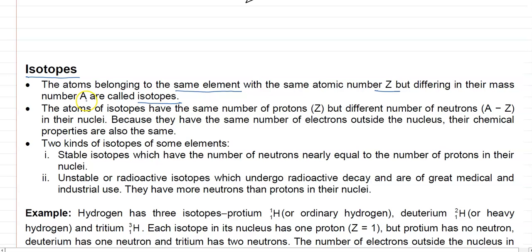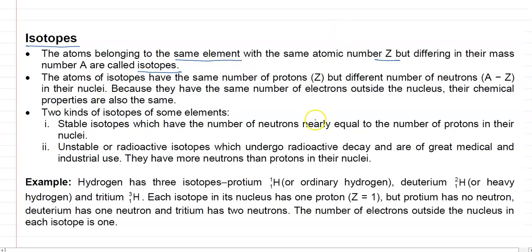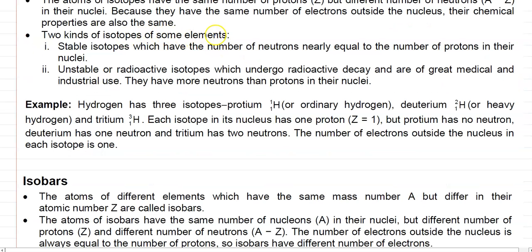Due to the differing neutron number, the mass number is different. Isotopes have the same number of protons but a different number of A minus Z, meaning neutrons. We know that A is Z plus N.